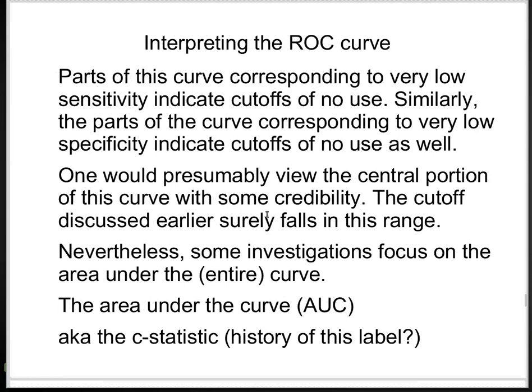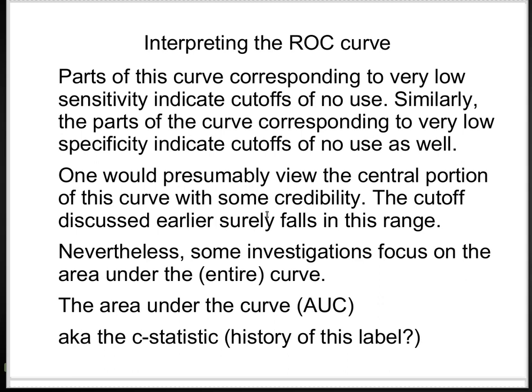So the first thing we can note, and I'm not going to spend a huge amount of time on this, is that clearly there are going to be parts of this curve that correspond to sensible values, but there are going to be parts of this curve that do not. The very low thresholds, the very low cutoffs, and the very, very high cutoffs never correspond to any sensible decision as to how to determine sensitivity and specificity here.